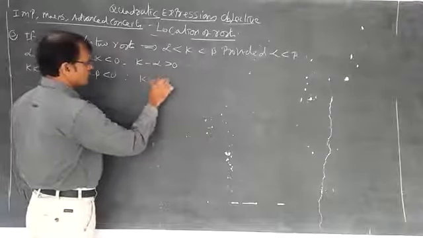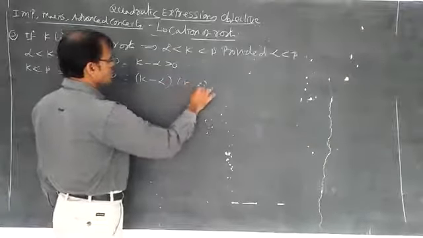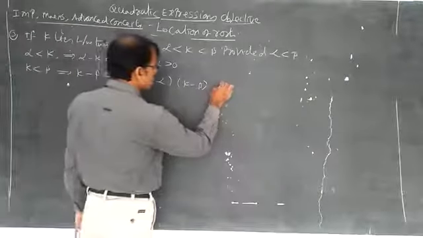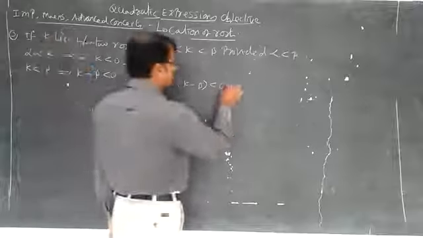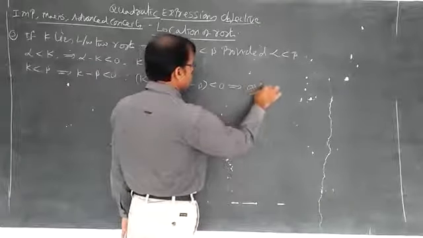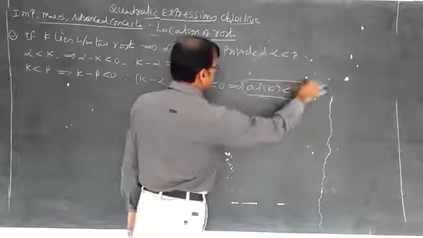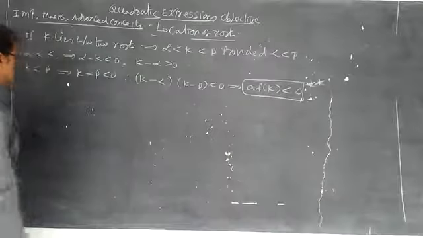Therefore k minus alpha into k minus beta is a plus into minus, so it becomes less than 0. So the condition we can write is a into f of k less than 0.